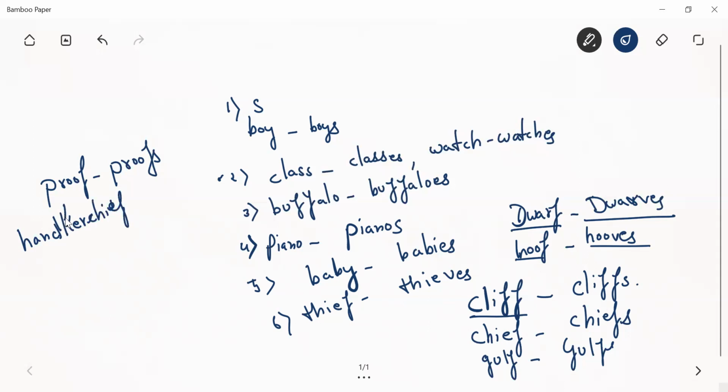Here we'll add S: handkerchiefs. These are some words where you have F, but you will not do VES. You will simply write S. These are some of the questions which are a little tricky.